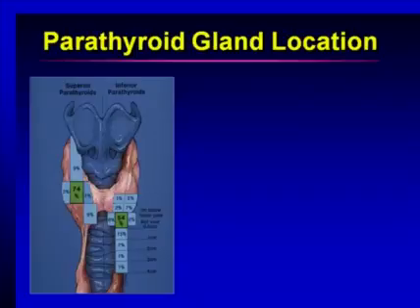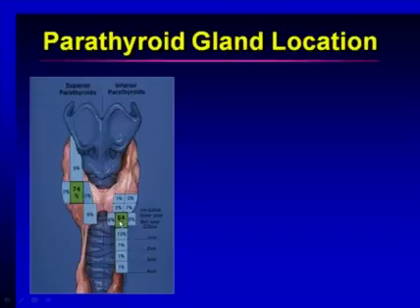To localize these enlarged glands in patients with known primary hyperparathyroidism, we need to understand where the glands are located. In the typical individual, a patient will have 4 glands, 2 superior and 2 inferior. The superior glands are situated behind the mid portion of the thyroid or arrayed about this location.